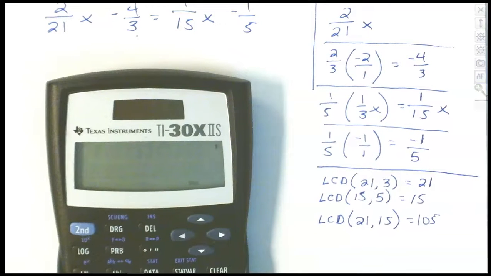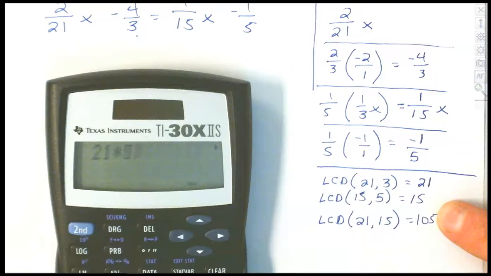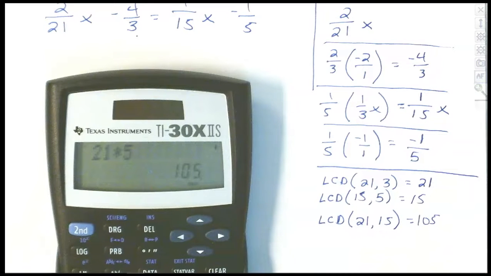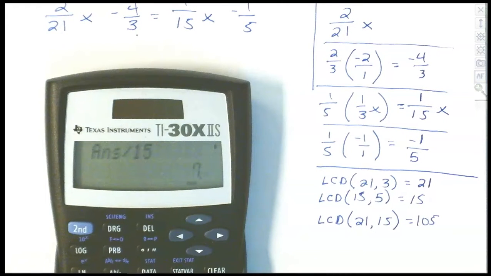Does that go into the 15? Nope. 21 times 3, does that go into 15? No. Times 4? No. Times 5 does though, because 21 times 5 is 105. And that 105 does go into what? 15. So that's how I found it. You take the larger number and you just start multiplying until you find it.